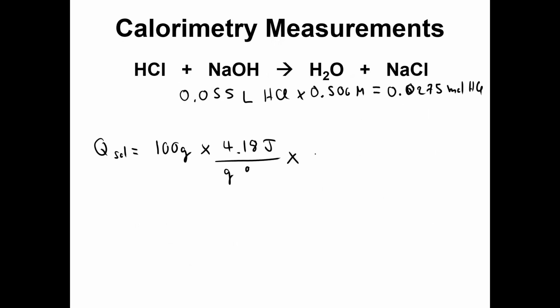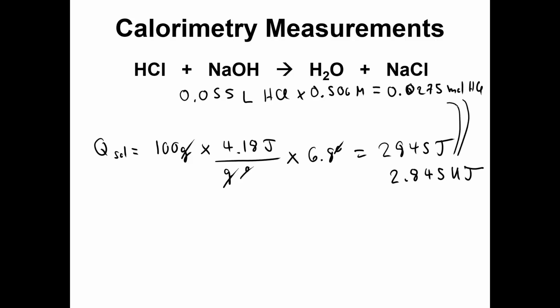So that's 6.8 degrees. Degrees cancels, grams cancels, and we get 2,845 joules, or if you wish, 2.845 kilojoules. And we can set these two equal. That's given off for 0.0275 moles, so that becomes a conversion factor.